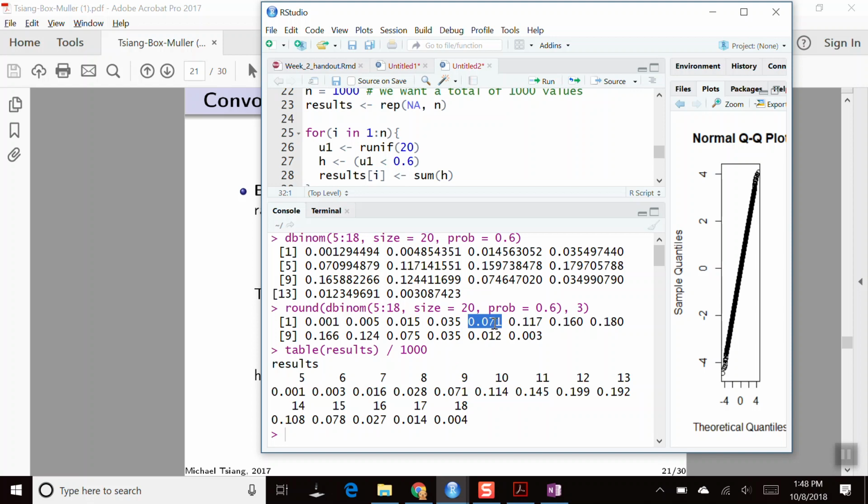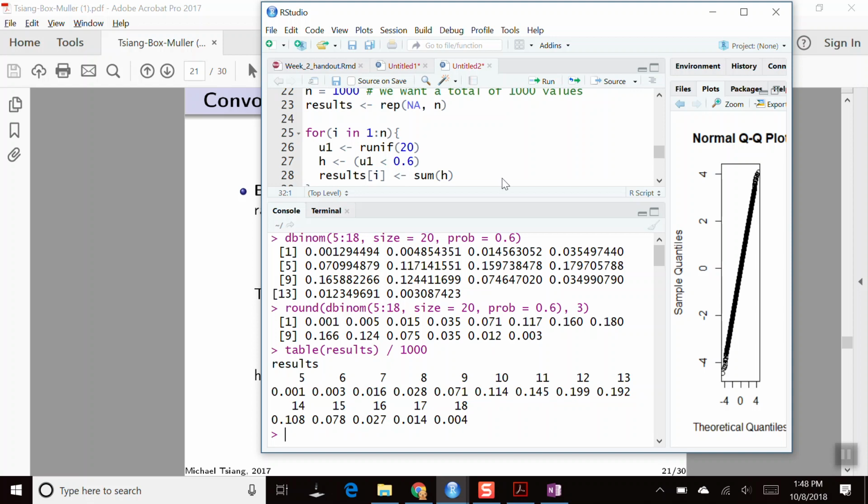We're expecting 71 and we got 71. We expected 117, and we got 114. We expected 160, and we got 145. We expected 180, and we got 199. So not exactly the same, but pretty close.